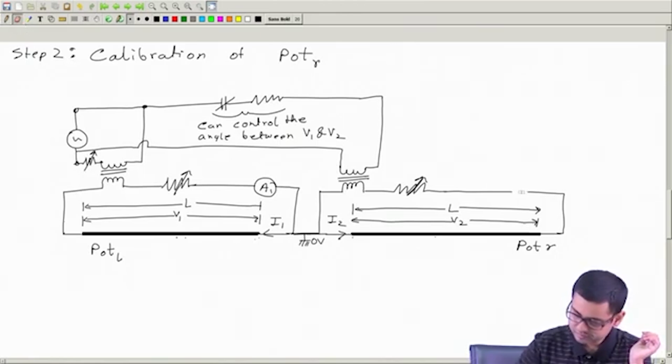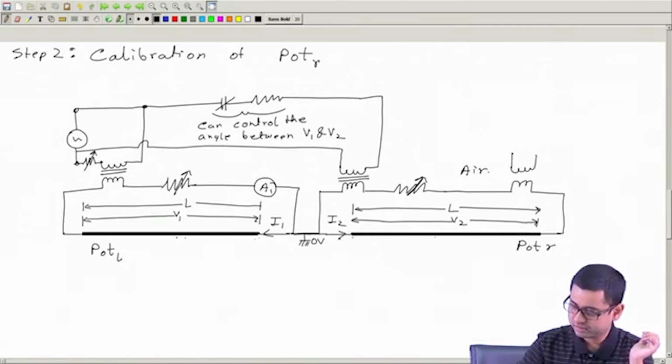That is going to be an air core transformer. It is important that this should be air core, so I am not drawing any core.